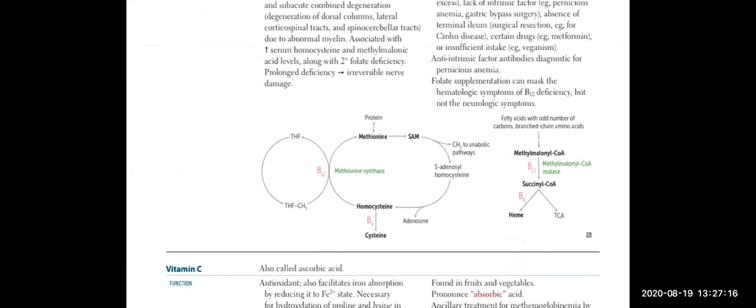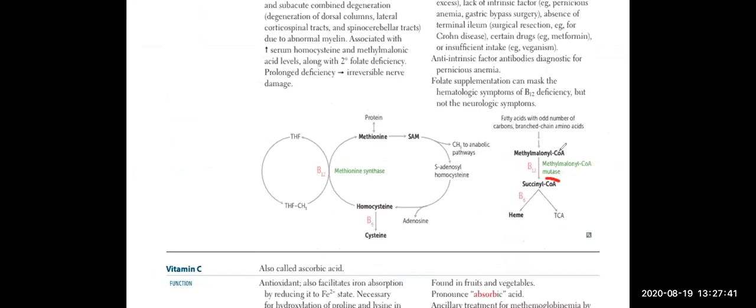So this is your picture. This is your enzyme, methylmalonyl CoA mutase, and this is B12. This step is B12 dependent. I've explained this full picture in much detail in the B12 lecture. And I also told you there are 2 to 3 MCQs from this picture. So if you have not listened to the B12 lecture, please go and listen to it.